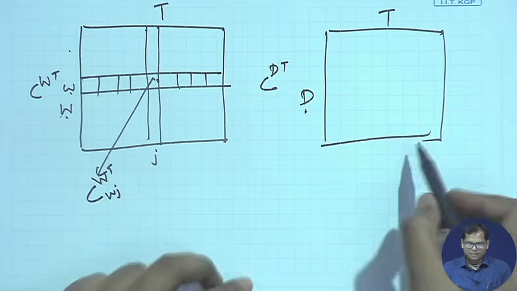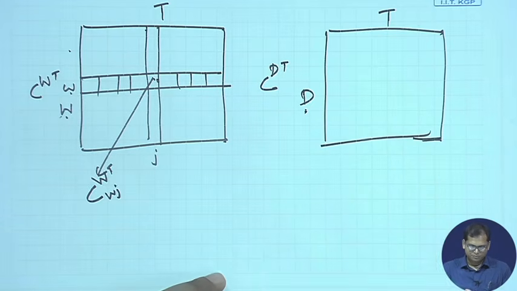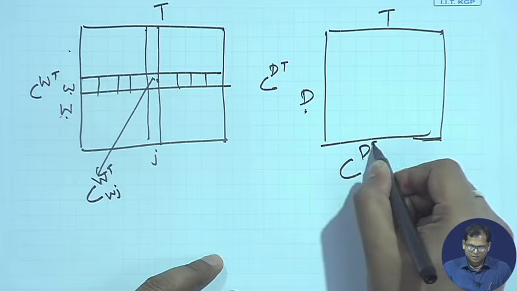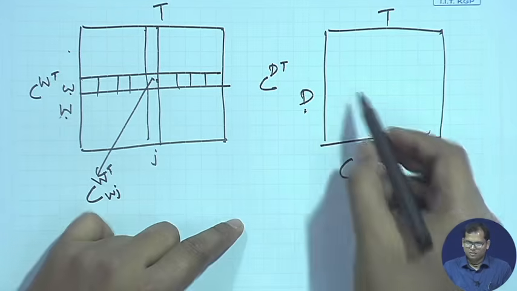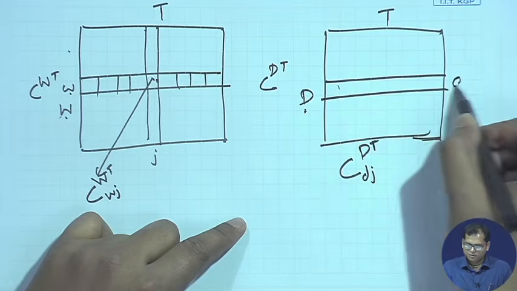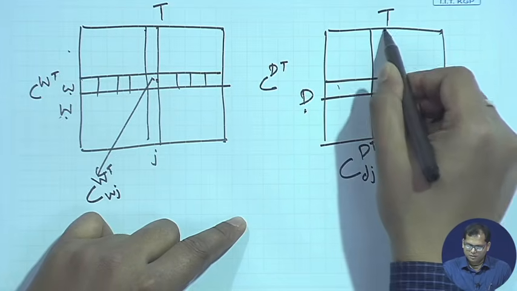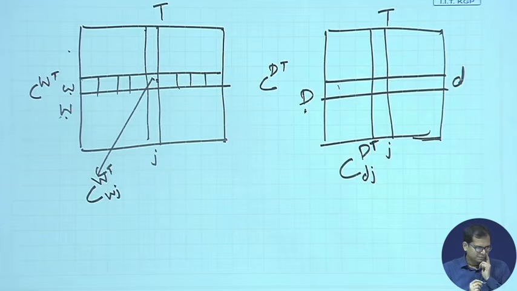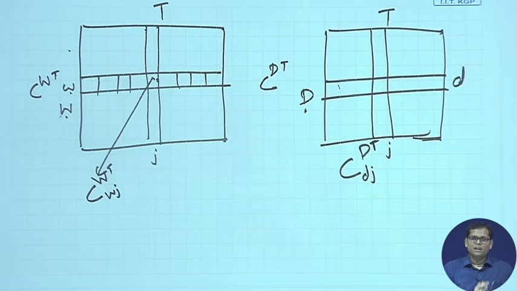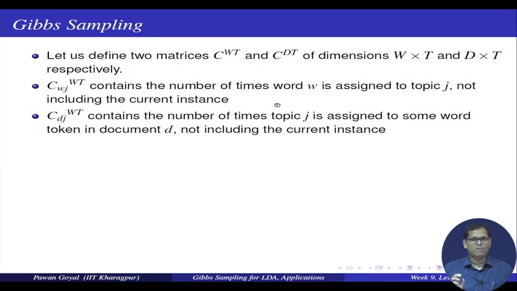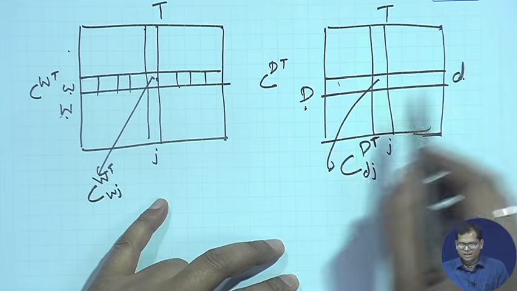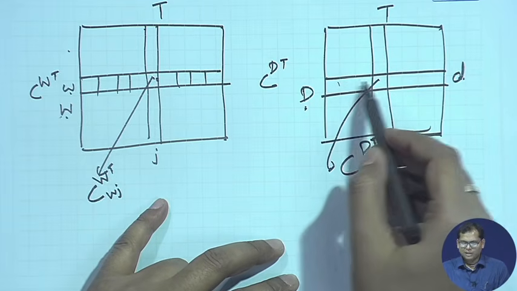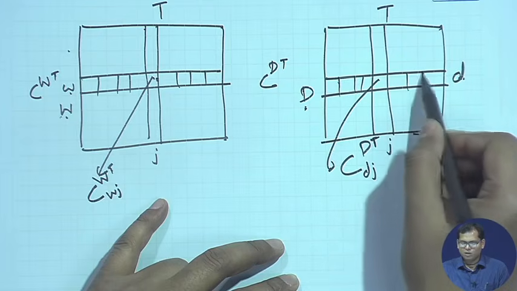Similarly, an element C_DT[d][j] will contain, for document d and topic j, the number of times topic j is assigned to some word token in document d, that is, how many words in the document d are assigned a topic j, and again you can have all the values.